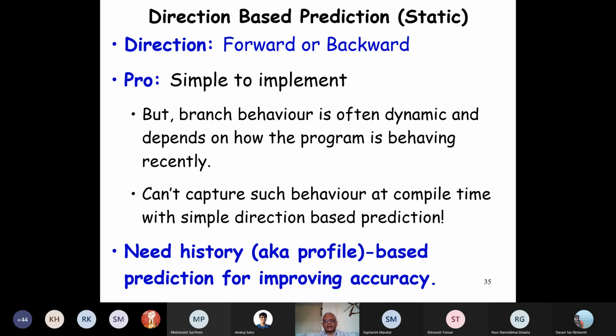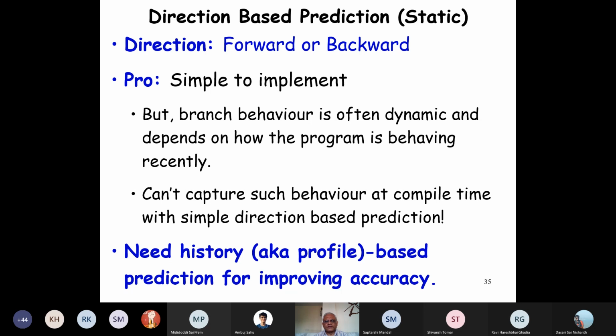Now first let's look at the simple static predictor. One is, we'll assume that all are not taken, or all are taken. So there is nothing much to implement here. The predictor is very simple, needs very small hardware support, almost nothing.